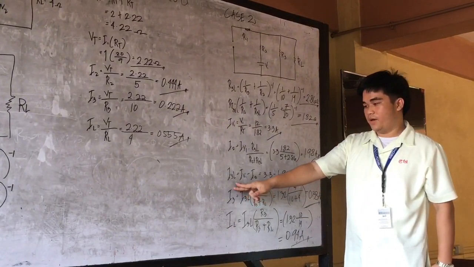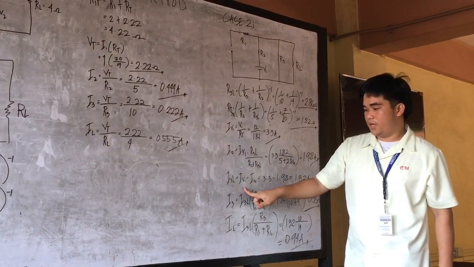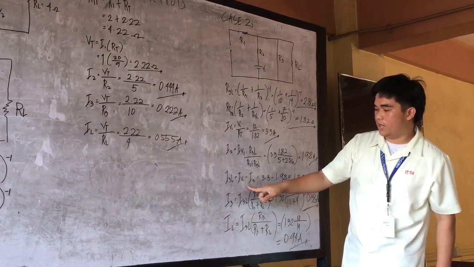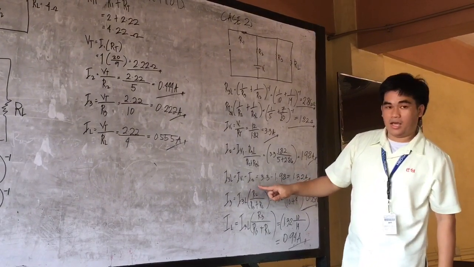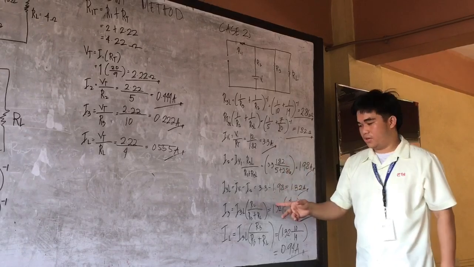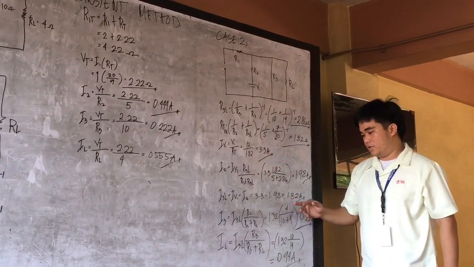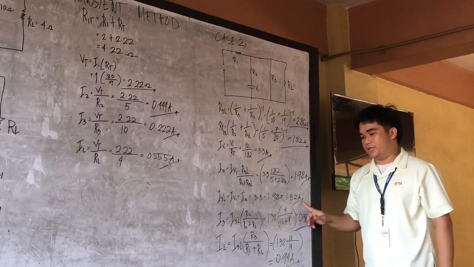So next we have the I3 load. Our formula is I V sub 1 minus the I sub 2. Then substituting the given, we have 3.3 minus 1.88, then our answer is 1.32 amperes.